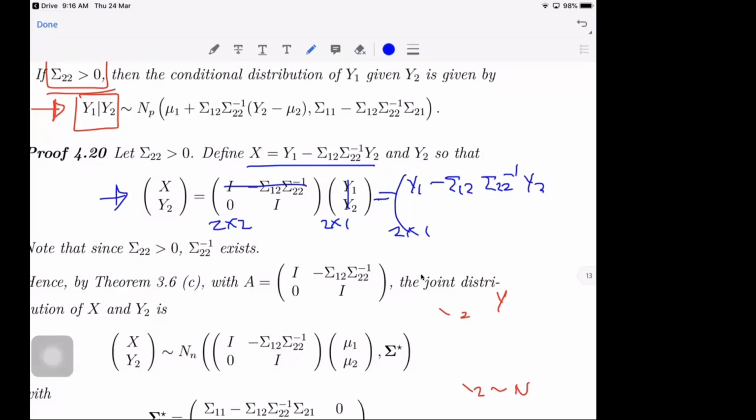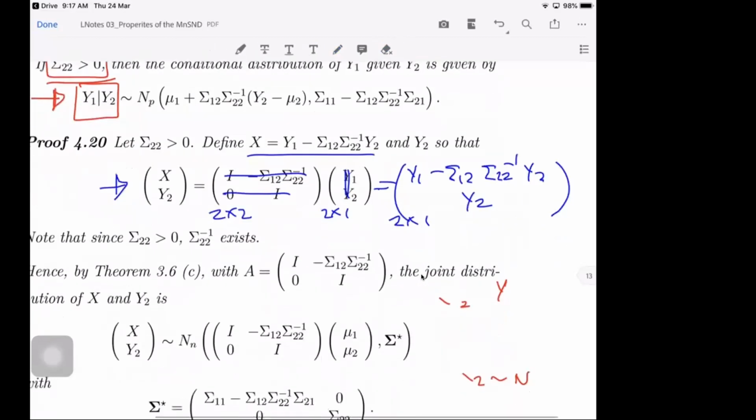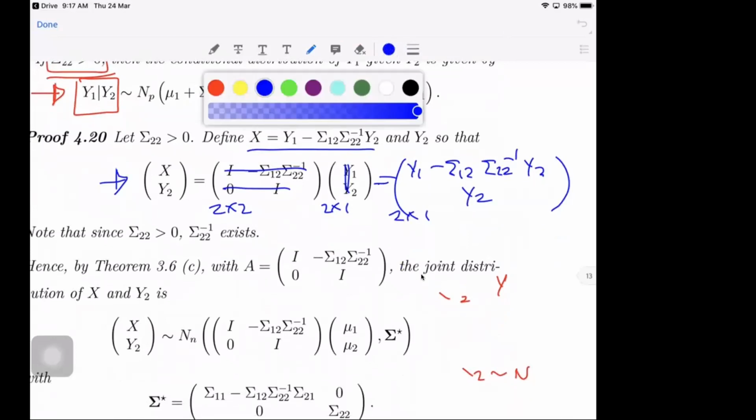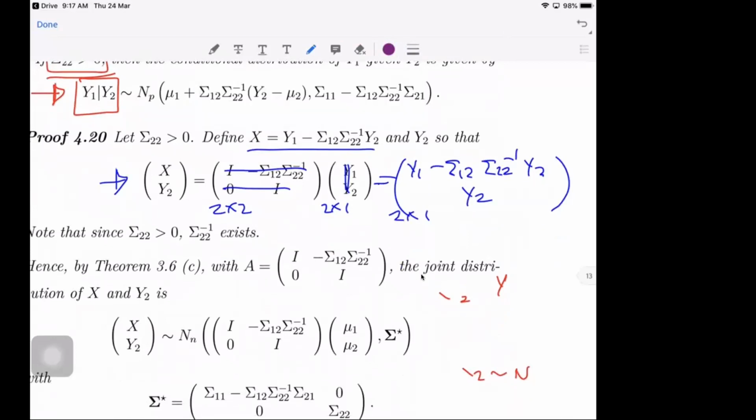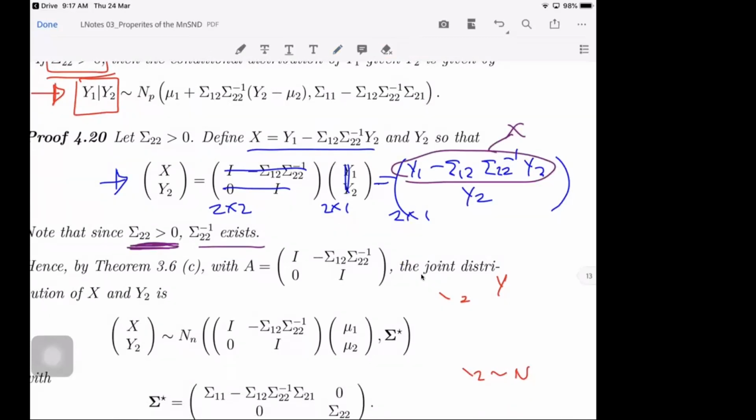That is equal to that, and this is equal to y2. So this is actually the whole term here, this whole term is how we define x. This is the importance of the assumption that sigma 22 is positive definite, so that the inverse exists and you can define this term here.